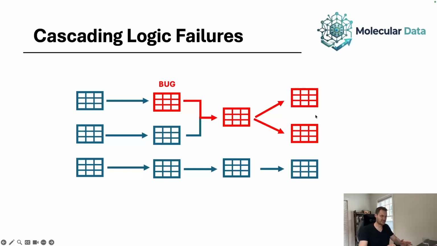And sometimes, as I said, that bug might be something very innocuous or might seem innocuous, like maybe it's a filter that's slightly incorrect, or a case when statement that tags a data point as being something, but it's incorrect. And as a result, your data going forward from where that bug takes place is incorrect because your logic is making transformations off of incorrect data.